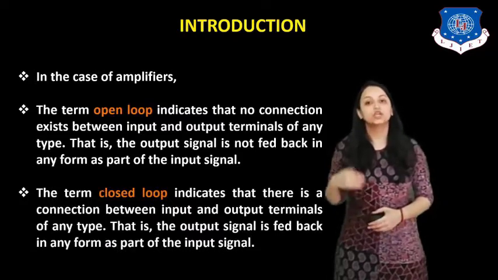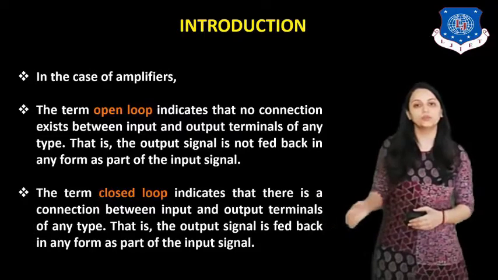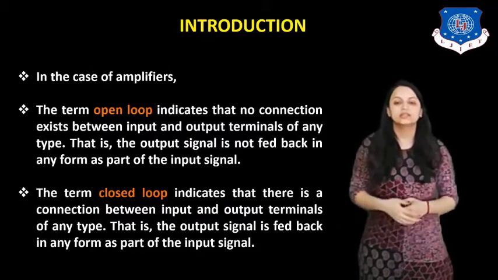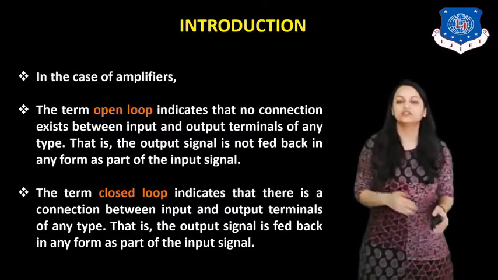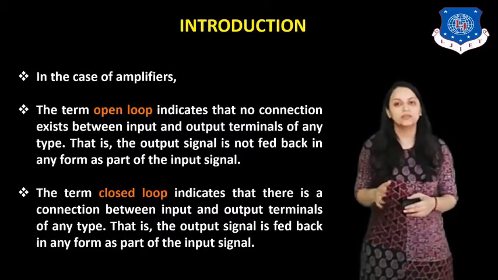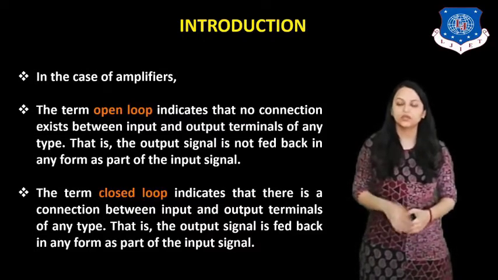The term closed loop indicates that there is a connection between input and output terminals in any manner. That is, the output signal is fed back in any form as a part of the input signal. That is called the closed loop. So these are the basic two cases in terms of amplifiers, open loop and closed loop.